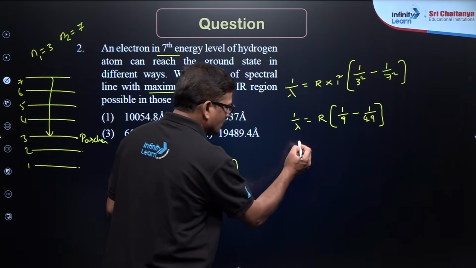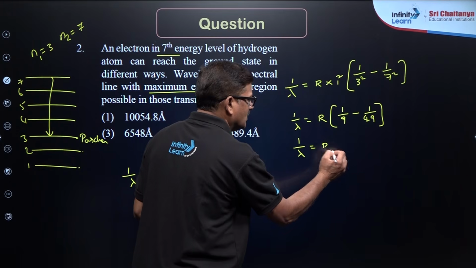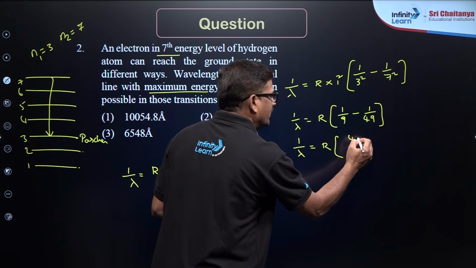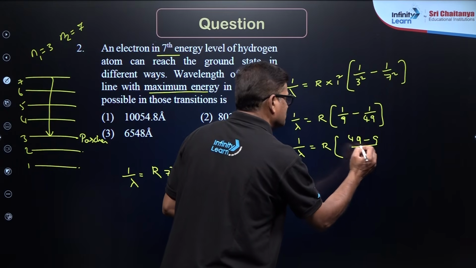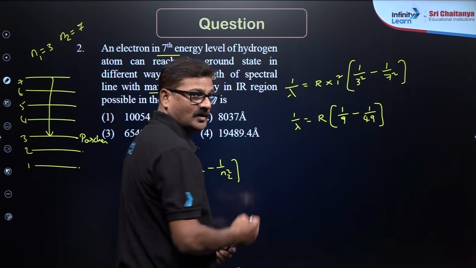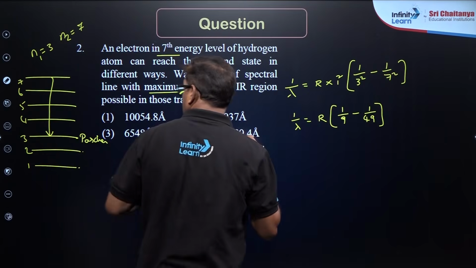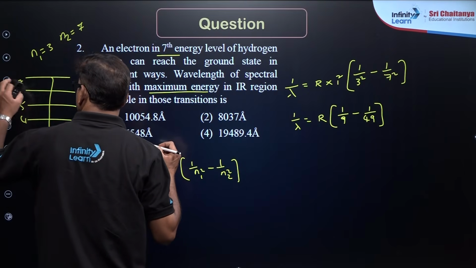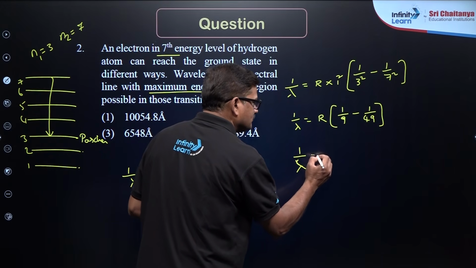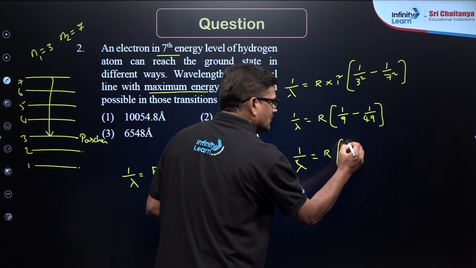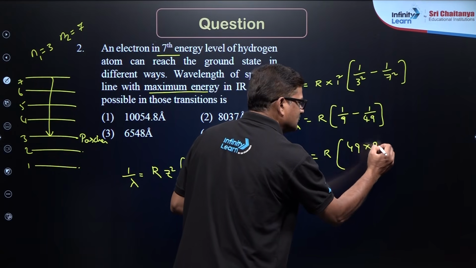On simplifying, 1 by lambda is equal to R into 40 upon 49 into 9.